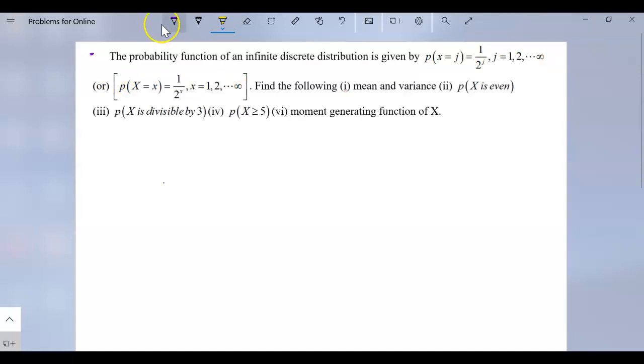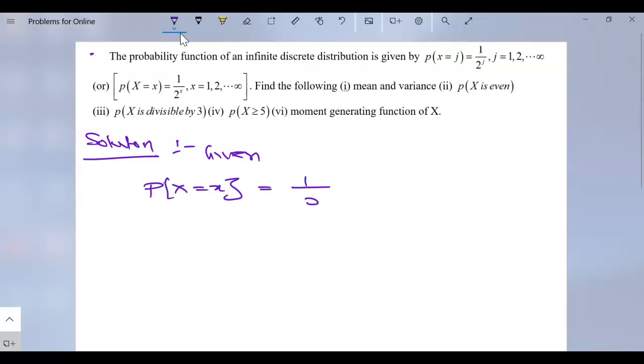So now let me use the solution given: probability of X equal to x is equal to 1 by 2 power x, X equal to 1, 2, 3, and so on, infinity. This is what we are given. X is defined at 1, 2, 3, and so on, infinity.